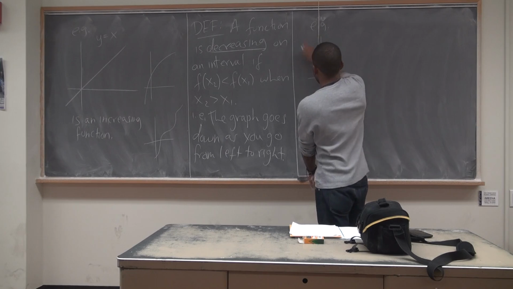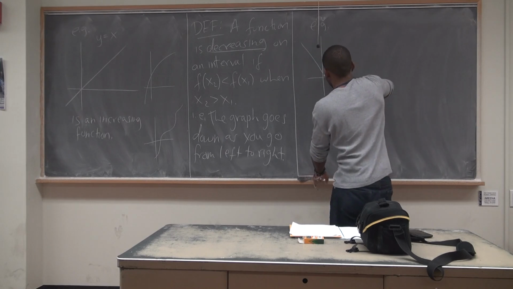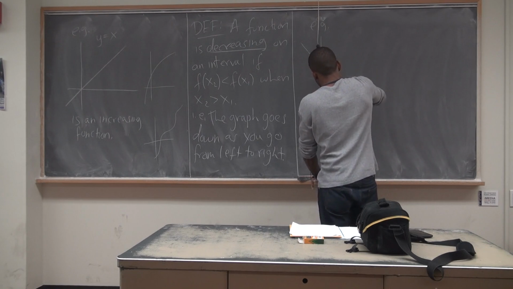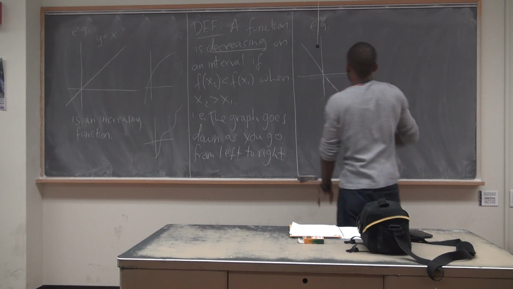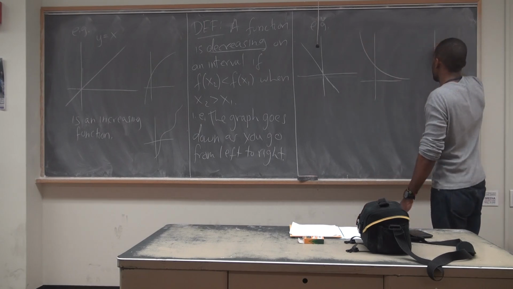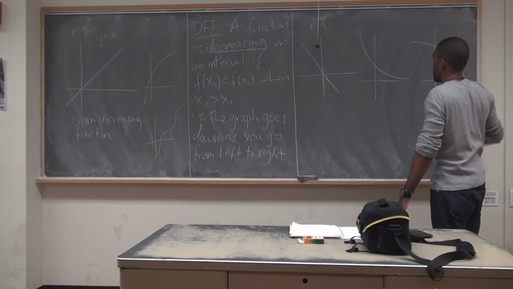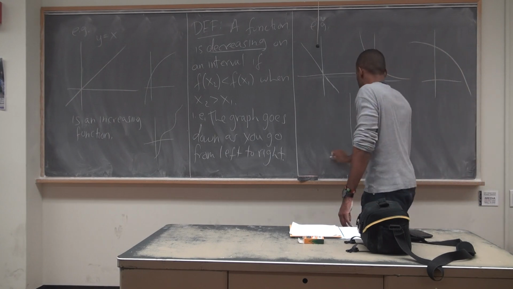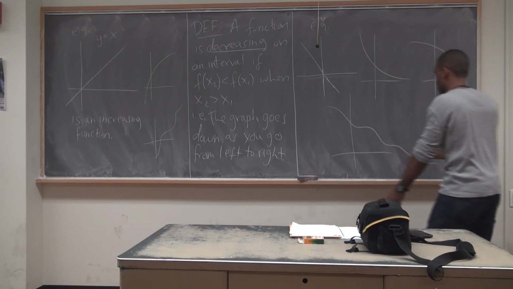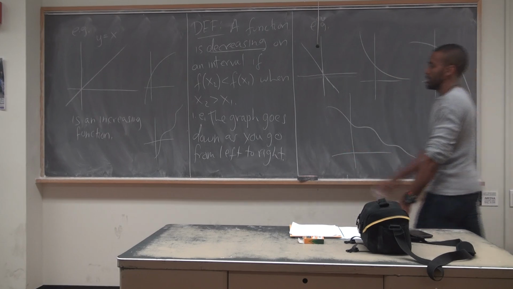Examples. Y equals minus x, or minus x plus a little bit. That's decreasing. Right? As you move from left to right, you're getting lower and lower and lower.